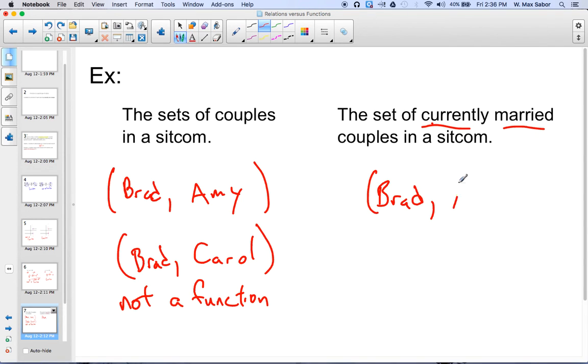Let's say it's Amy. So this is a currently married couple, even though Brad and Carol could be a couple in the sitcom. Brad can't be married to both of them at the same time. So this would be a function because each input has exactly one output.